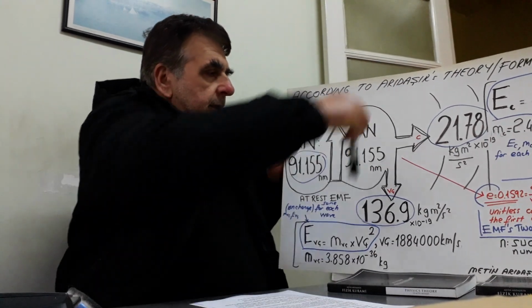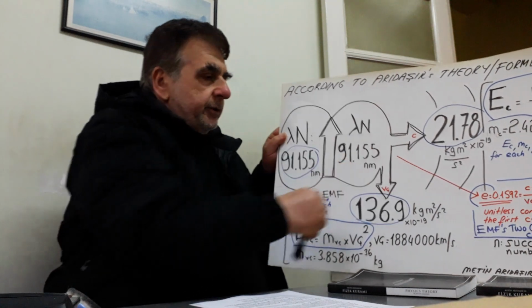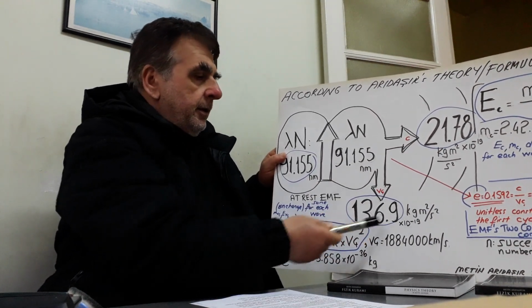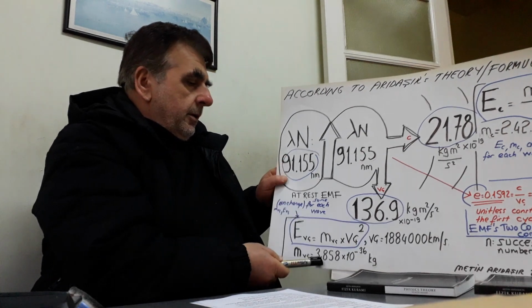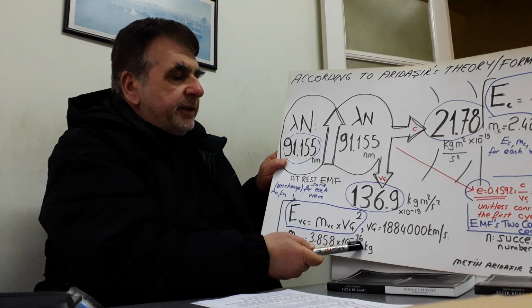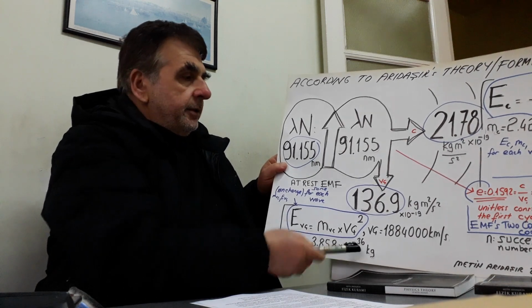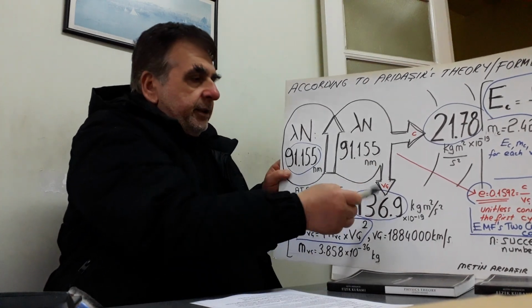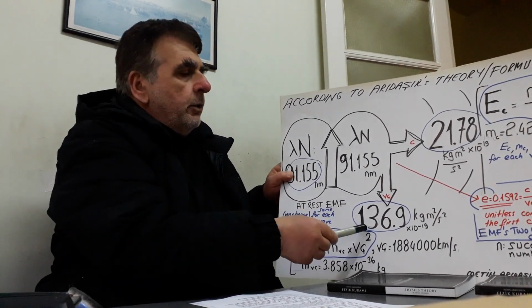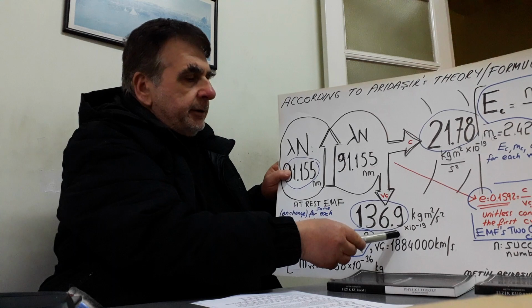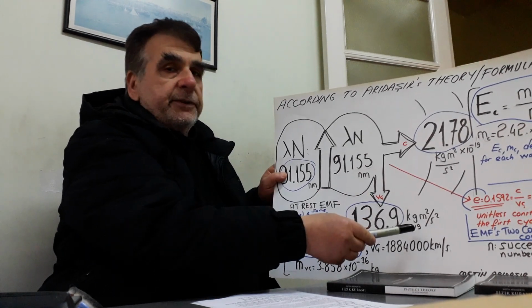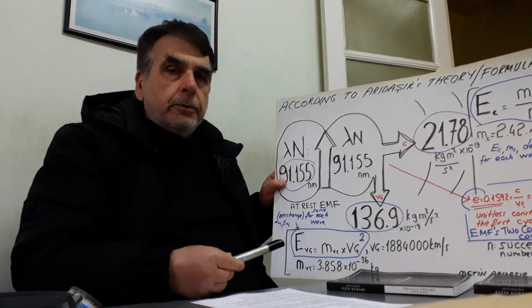Yes. Linear velocity component mass I have computed 3.858 10 to the minus 36 kilogram, and linear velocity component energy is 136.9 10 to the minus 19 kilogram meter square divided by second square, or joule.